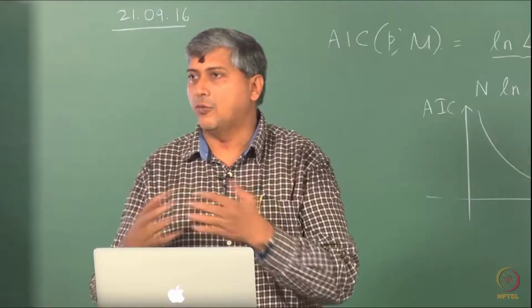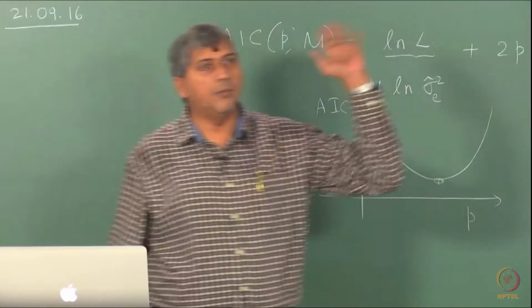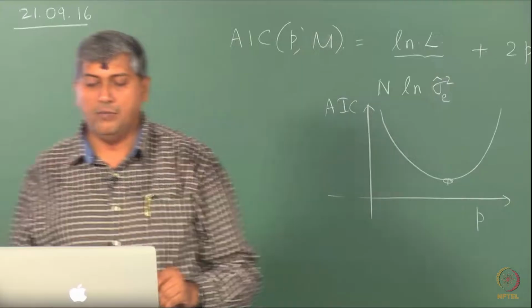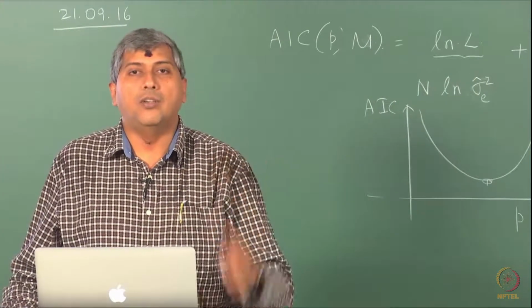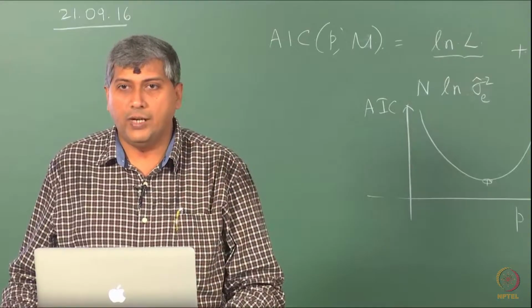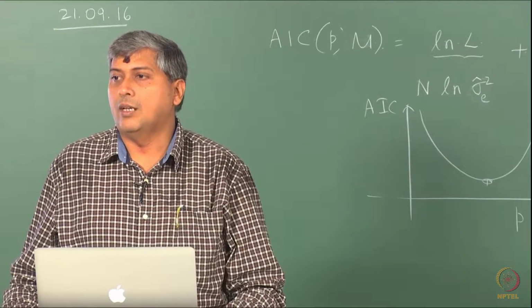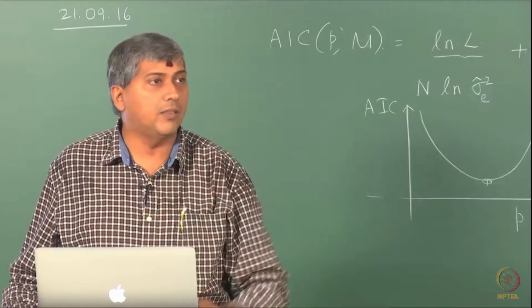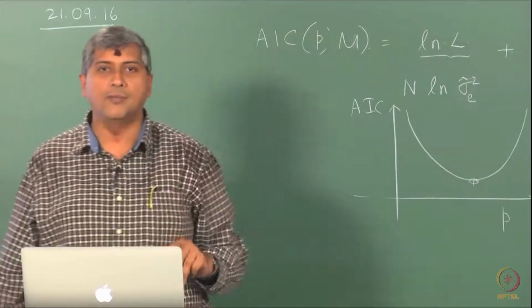So, that is the trade off. In the extreme case where you have a large number of parameters in the model, a heavily over parameterized model, it does a very good job of fitting the data, but the error in the parameter estimates is so high that as a result the AIC starts to shoot up, it takes a U-turn.